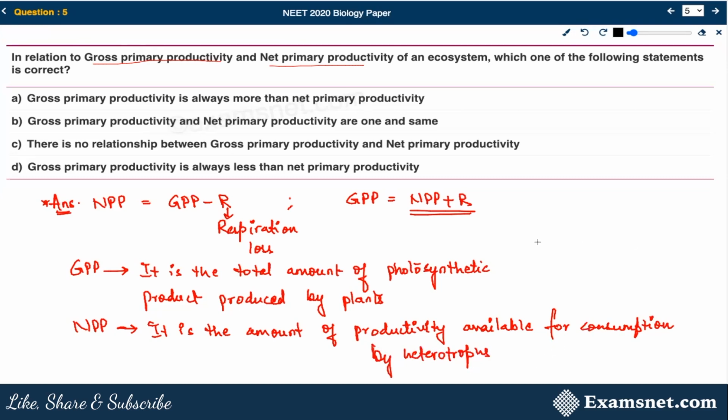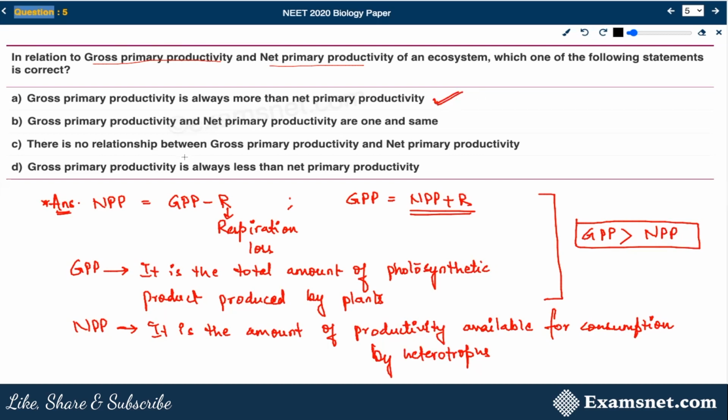So indirectly we can also correlate one thing: GPP is always greater than NPP. We can read out the statement that gross primary productivity is always more than net primary productivity. So yes, this is the correct statement.